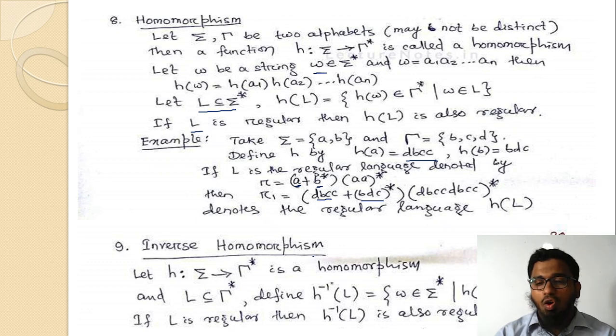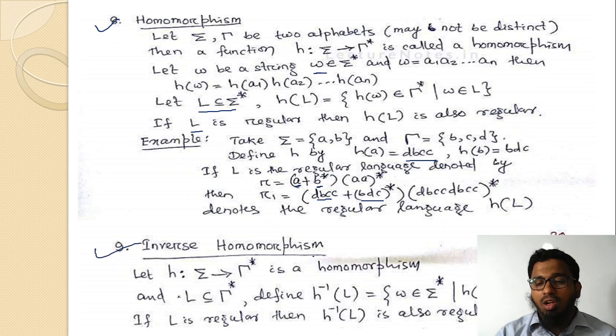Define h inverse of L as the set of w belonging to sigma closure such that h of w belongs to L. If L is regular, then h inverse of L is also regular. So here homomorphism is nothing but if L is regular, then h of L is regular.